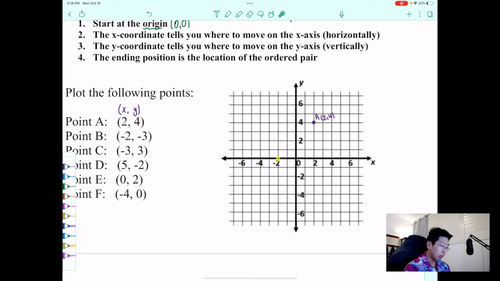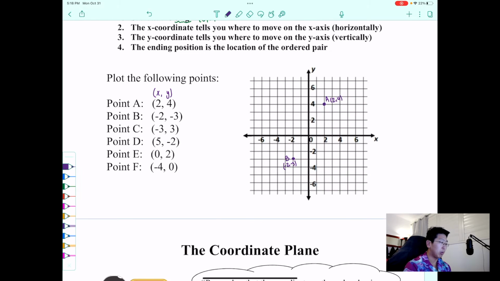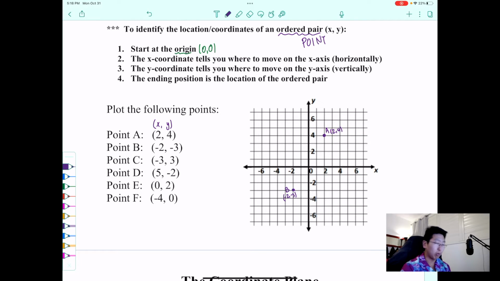And then -3 on my y-axis, which is down 3. And so I'm going to go ahead and plot a point right there, because that's (-2, -3). This is (-2, -3). That's our point B. All right. And so right now what we're doing is we're plotting a whole bunch of points on our coordinate plane.